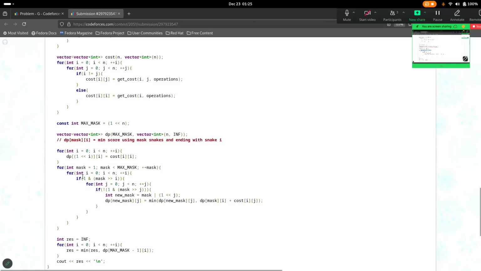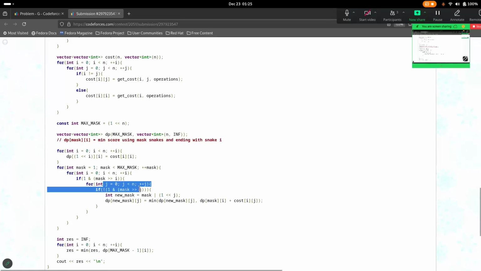Then for each mask, we iterate from 0 to n. This checks, is this snake present in this mask? If this snake is present in this mask, then we are considering the pair mask and i, saying that I have placed all these snakes in the mask, and i is the last snake that was placed.